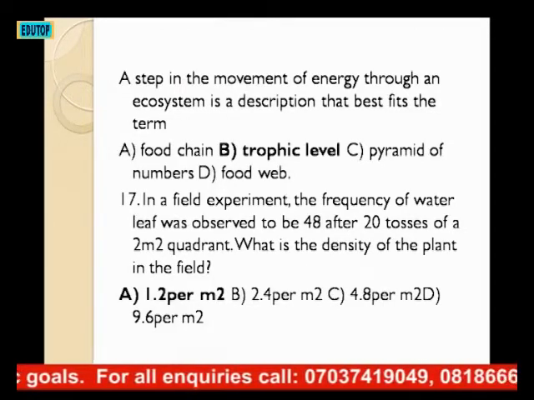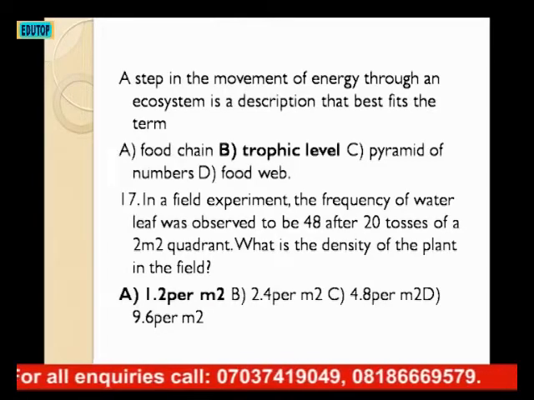So what we do is we first divide the frequency by the number of tosses. That's 48 divided by 20. That will help you to get the average number of water leaf that is there. So 48 divided by 20 will give you 2.4. Then you divide that 2.4 by the area of the quadrant, which in this question is 2 meters square.